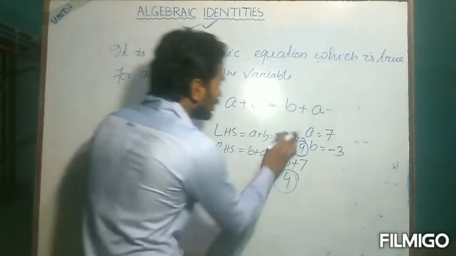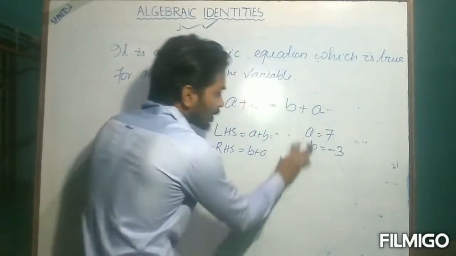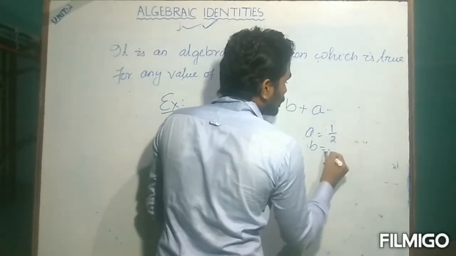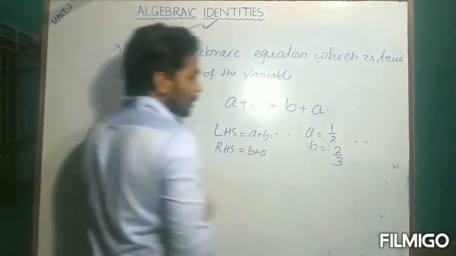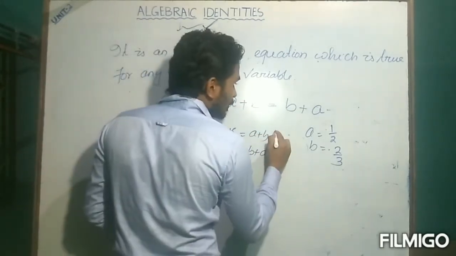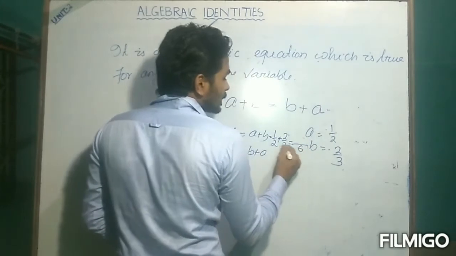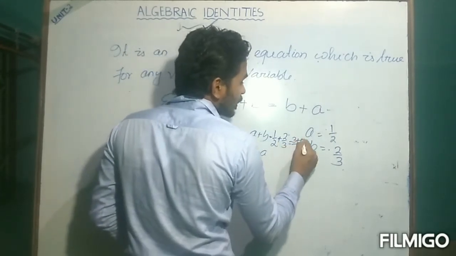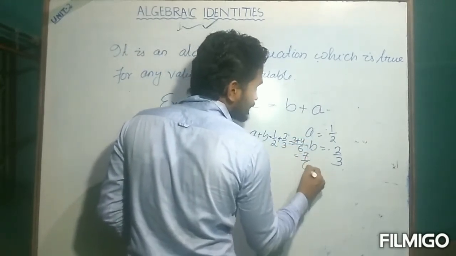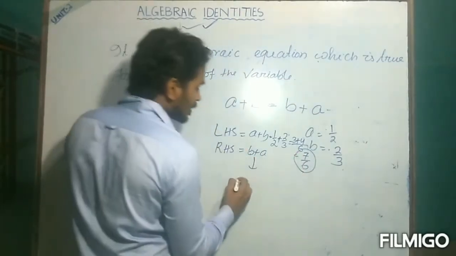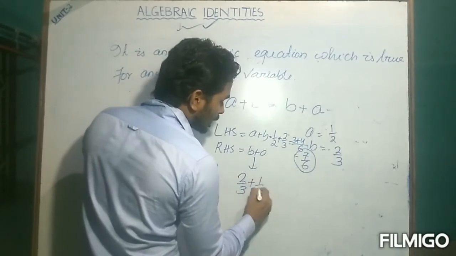Let us put one more different value of a and b. a to be 1 by 2, b to be 2 by 3. The value of LHS will be 1 by 2 plus 2 by 3. LCM is 6: 3 plus 4, that is 7 by 6. The value of RHS is 2 by 3 plus 1 by 2.